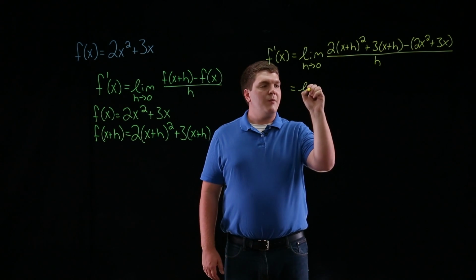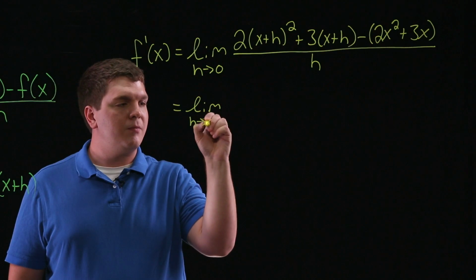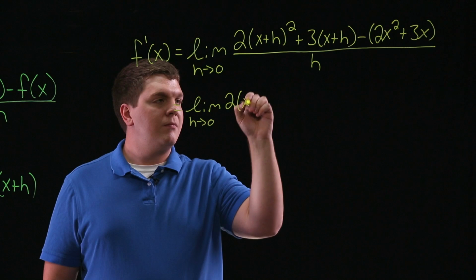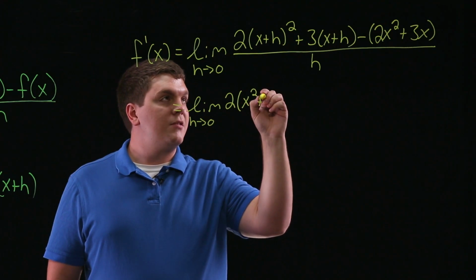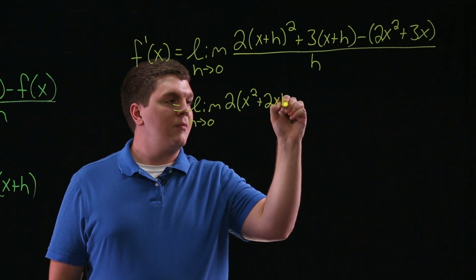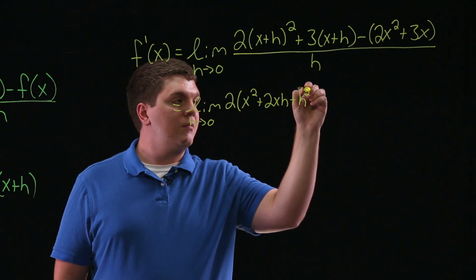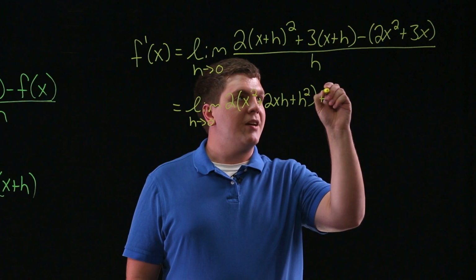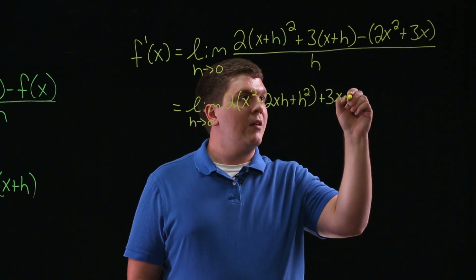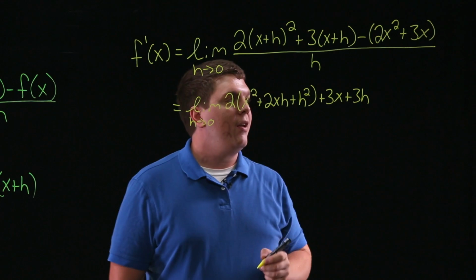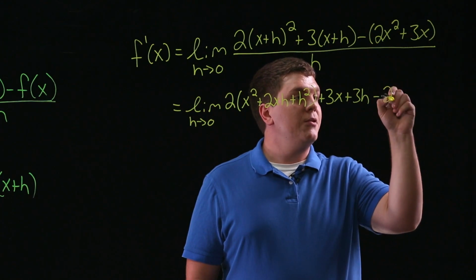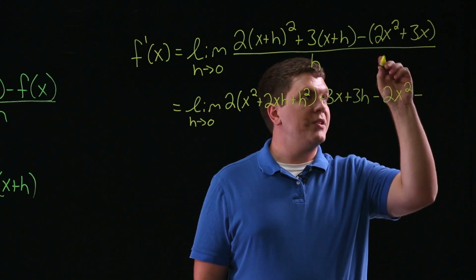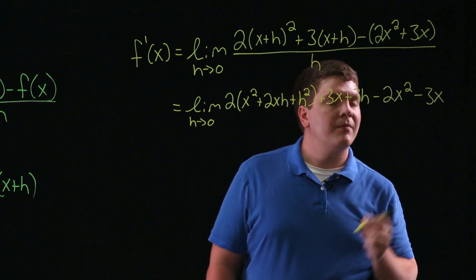So this is equal to the limit as h approaches 0. Here we have 2 times x squared plus 2xh plus h squared. Let's use the distributive property and write this as plus 3x plus 3h. And we'll be subtracting 2x squared, and distributing the negative sign, we'll also be subtracting 3x.